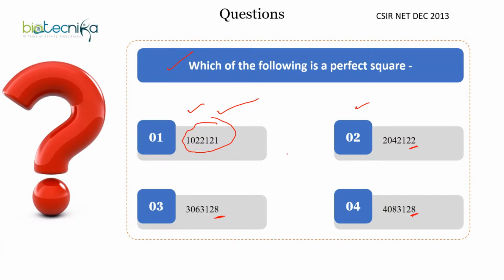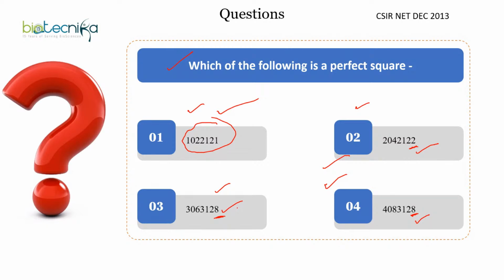So इसमें मुझे I don't have to calculate the perfect square of all these numbers. By just seeing the last digit of each number, we can figure out which option among these is a perfect square.